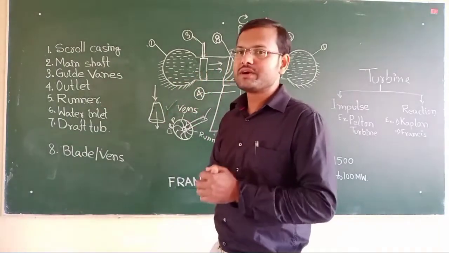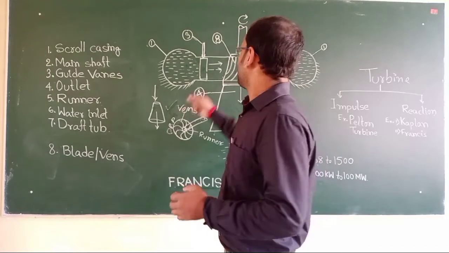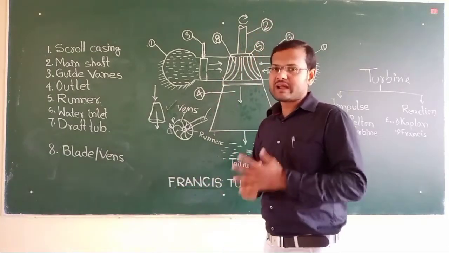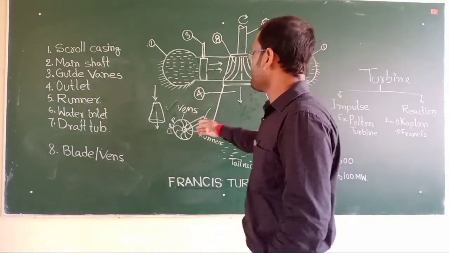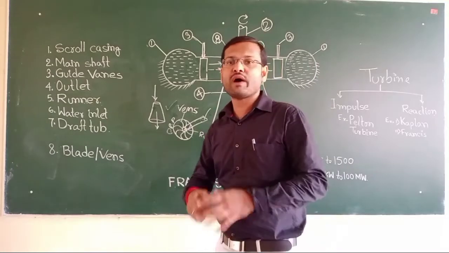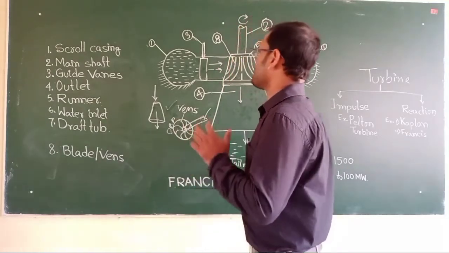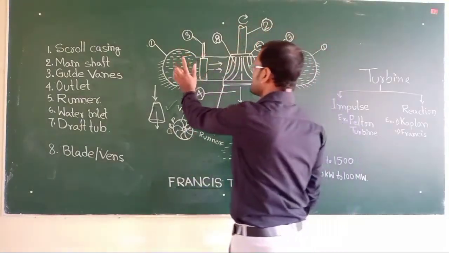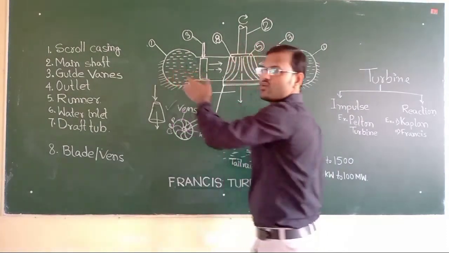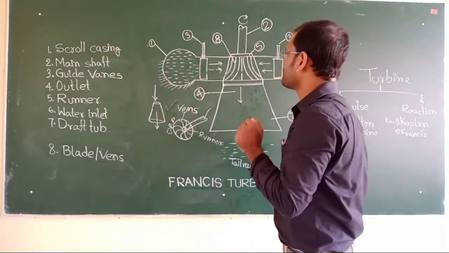Now I am going to discuss the working of the Francis turbine, or how the Francis turbine works. First of all, the water enters the scroll casing with the help of the penstock.